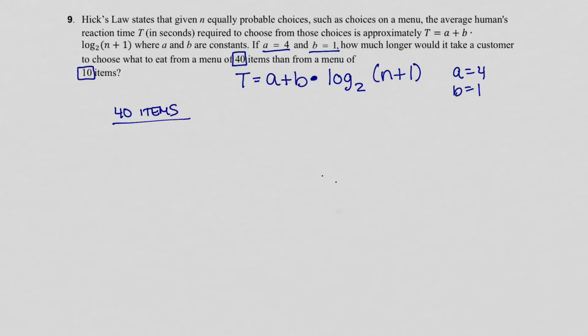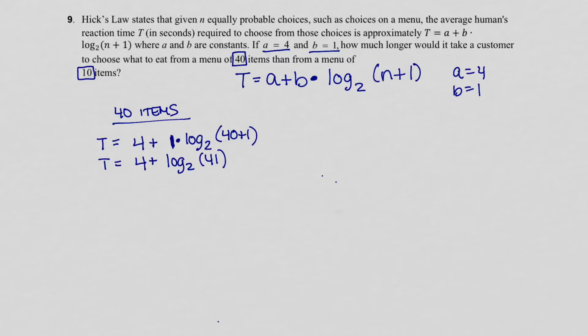So let's just go ahead and substitute in what we know. Well, t equals, what's my a? 4 plus, and then I've got 1 times log base 2, and then my number of items is 40. So let's simplify this a little bit. 4, and then 1 times anything is just that anything. So I'll say 4 plus log base 2 of 40 plus 1, which is 41.